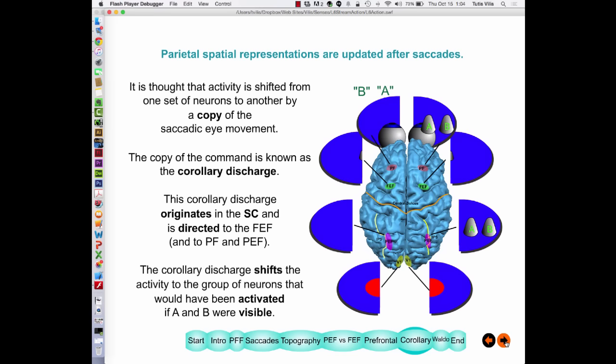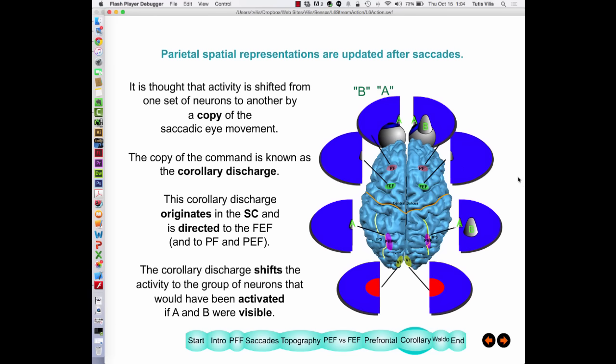Now, the question is, what moves this? What shifts this thing from here to here? Well, it's our old friend corollary discharge, and that corollary discharge originates, we'll see, in the superior colliculus, and is sent to the frontal eye fields and the prefrontal cortex and the parietal eye fields.